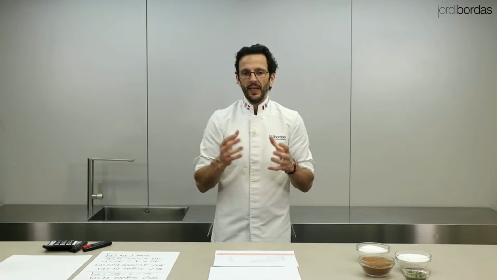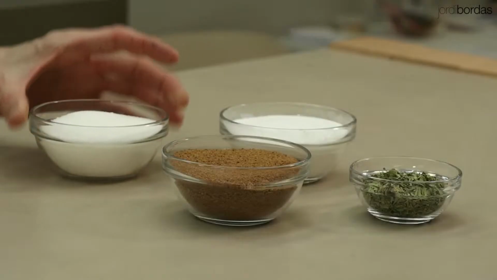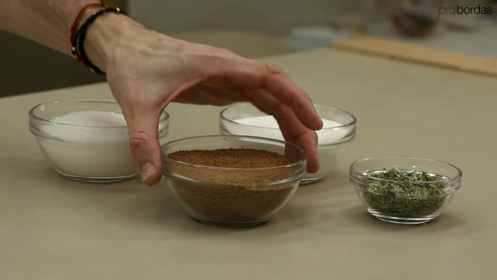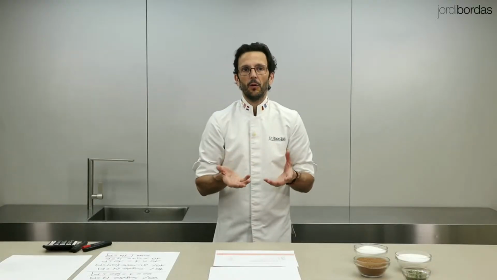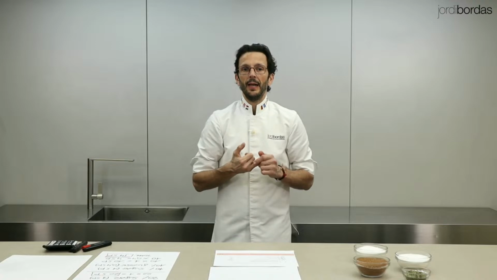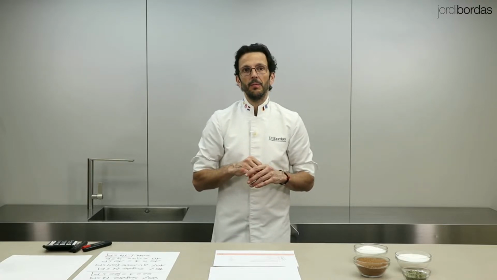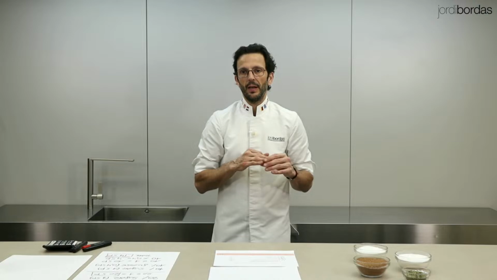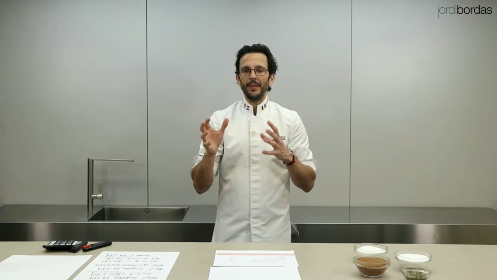That means that if we compare using white sugar in pastry with using, for example, whole cane sugar or coconut sugar like we have here, the difference will be, for sure, the color on one side, the taste and the aftertaste of the products, and then the vitamins and minerals, okay? And also some whole sugars, like whole cane sugar and coconut sugar, can change the structure a little bit.